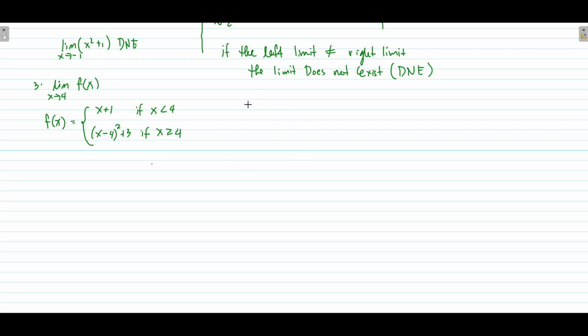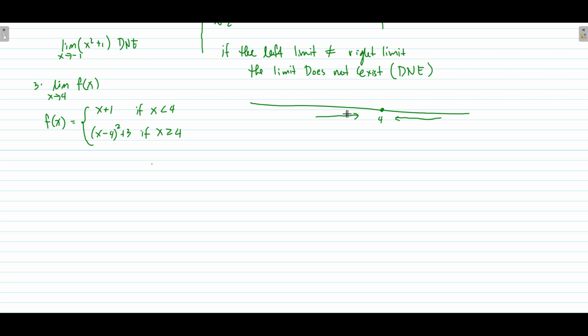So, dito we have number line. This is our positive 4. Approach tayo doon. So, from the left, ang mga gagamitin nating values are going to be lesser than 4. So, anong gagamitin nating function from the left?